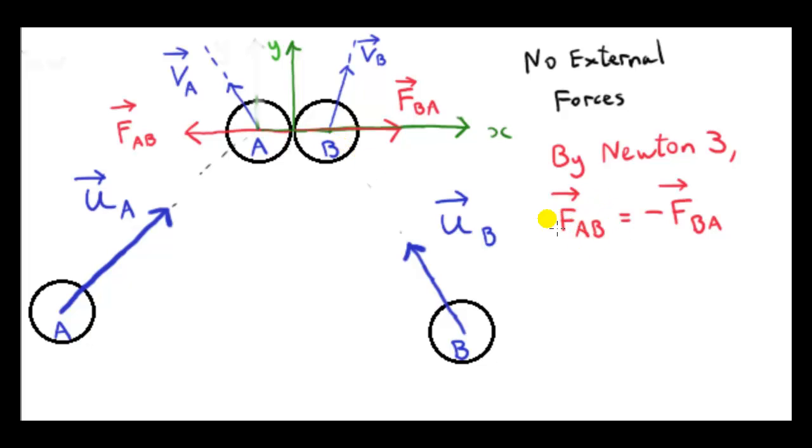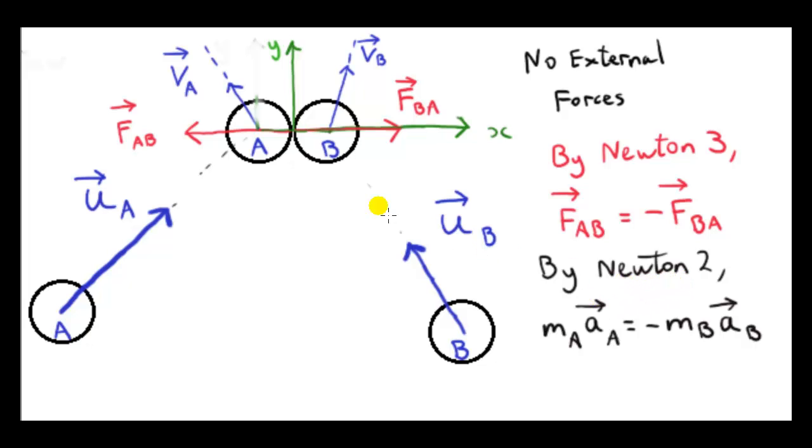So you could think of FAB as the average force on sphere A due to B, and FBA as the average force on sphere B due to sphere A. By Newton's third law, these average forces are equal in magnitude but opposite in direction. And that's true regardless of how each sphere is moving, how fast each sphere is moving, or how big each sphere is. One sphere could be much more massive than the other sphere, for example. I've drawn these two spheres to have identical sizes, but their masses could be very different.